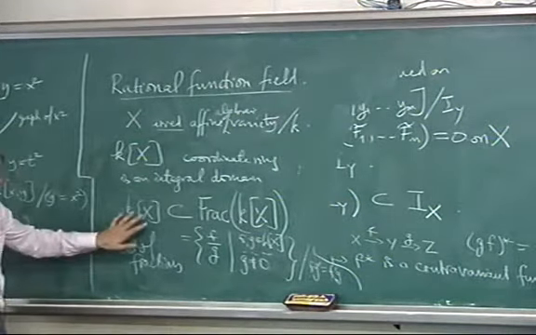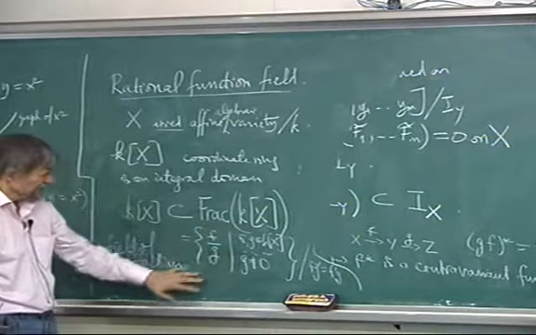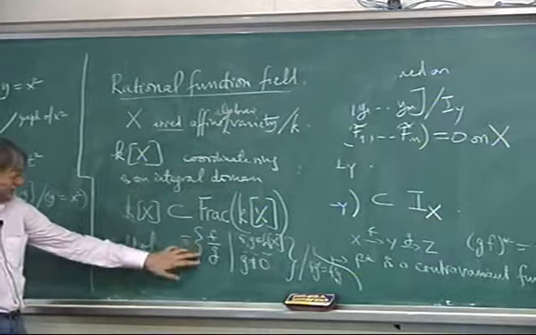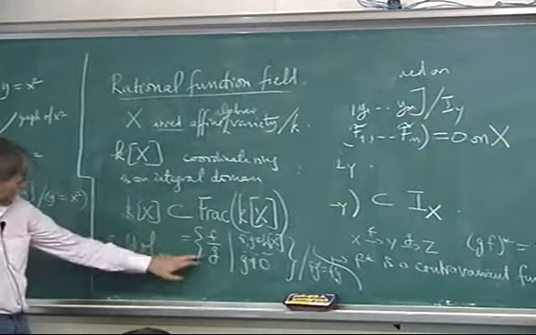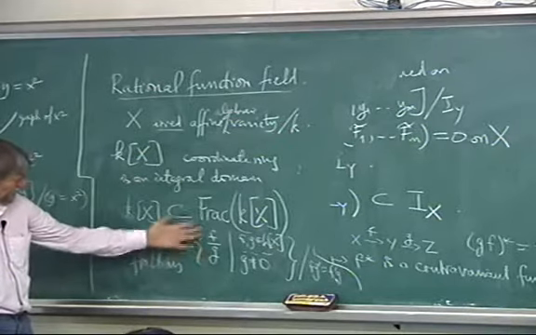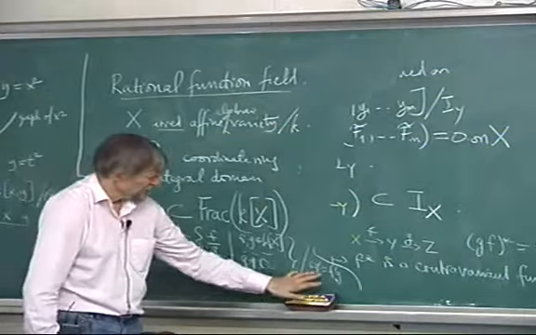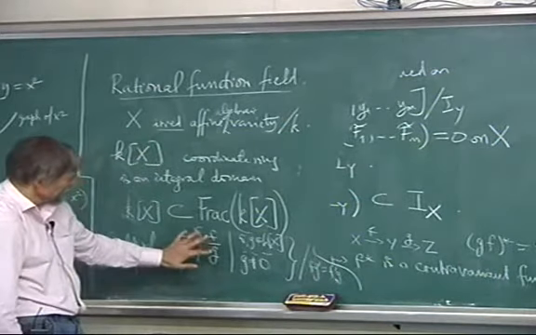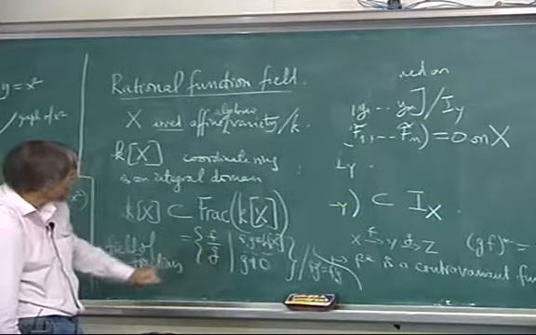Okay, so if I've got an integral domain, then I can include it in a field of fractions. This is just allowing you to make fractions of these things. You're not allowed to have g equals 0, but on the other hand, because this was an integral domain, there's no kind of ambiguity about when two such expressions are equal.